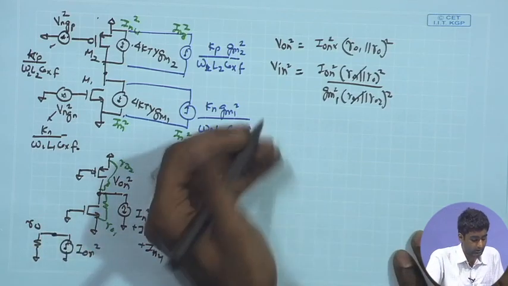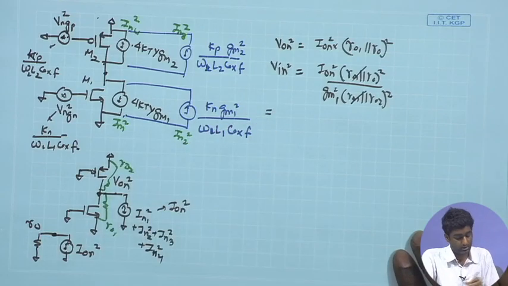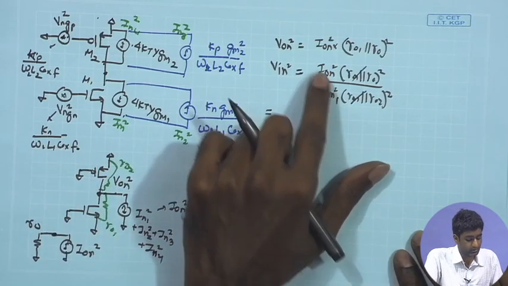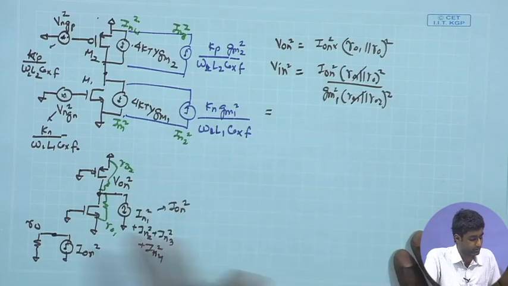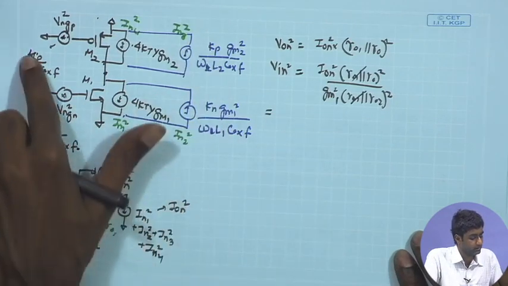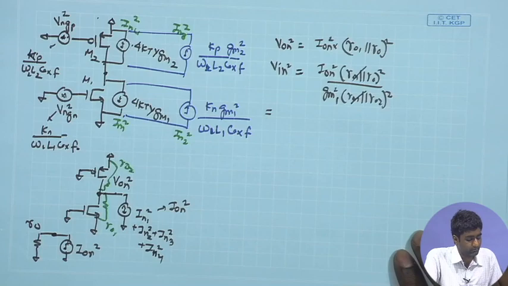So, let us find out the expression for this total input referred noise, which is ION square divided by GM1 square. So, all you need to do is just sum up all these 4 components of the noise and divide it by GM1 square.